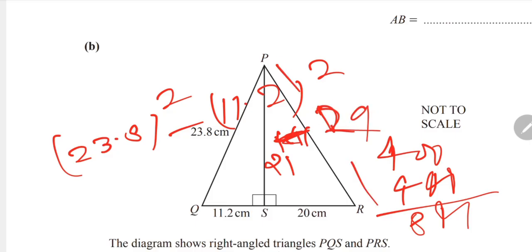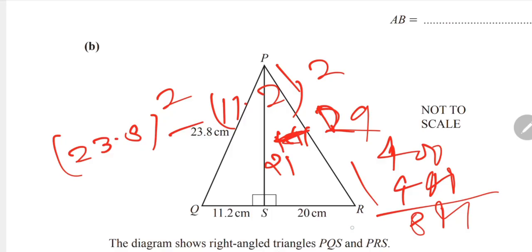Okay, so using Pythagoras two times, firstly we need to find the perpendicular or altitude of the triangle PQS. When we get this, we use the same value for PRS, and for PRS we use Pythagoras, so PR as a hypotenuse is equal to the sum of squares of two sides, 20 squared, which is 400, and 21 squared, which is 441.